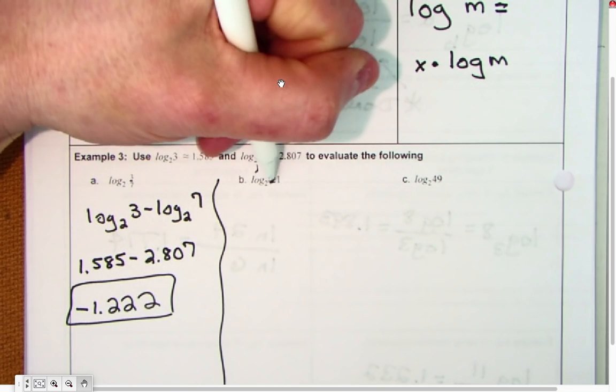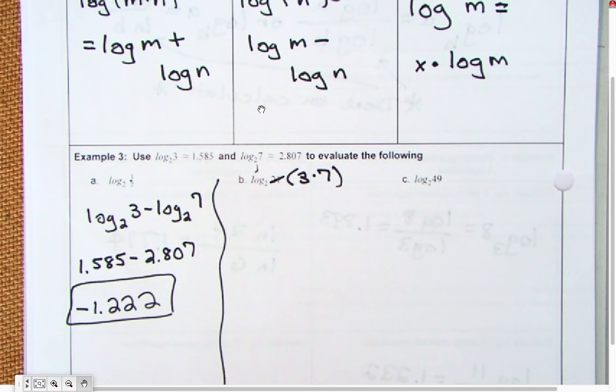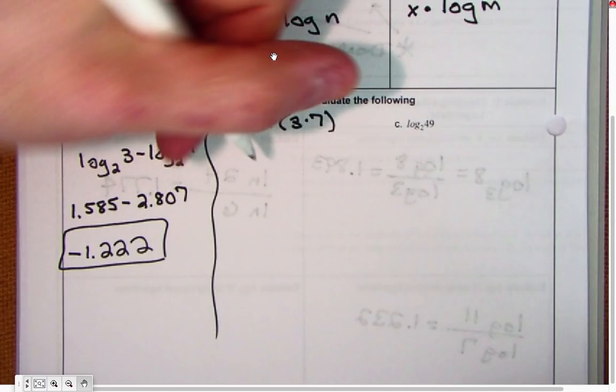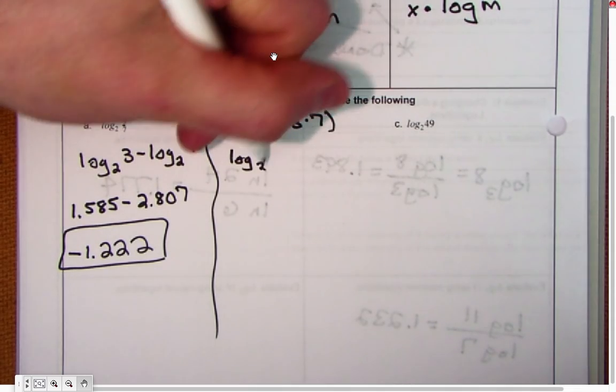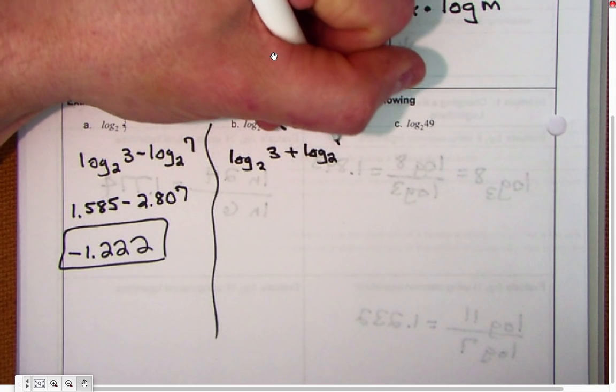Similarly, we can take a problem like this, logarithm base 2 of 21, and we can use these values up here because we know that 21 is really 3 times 7. So we can use the product property and rewrite this as the logarithm base 2 of 3 plus the logarithm base 2 of 7.